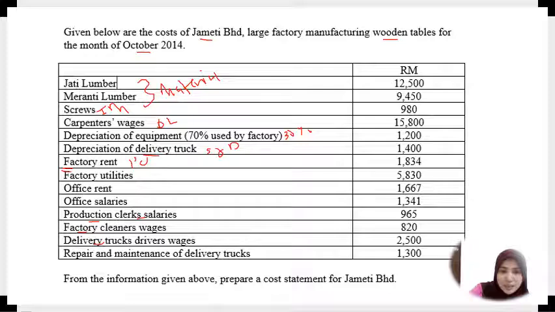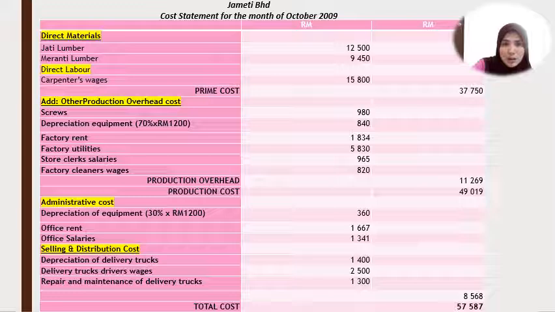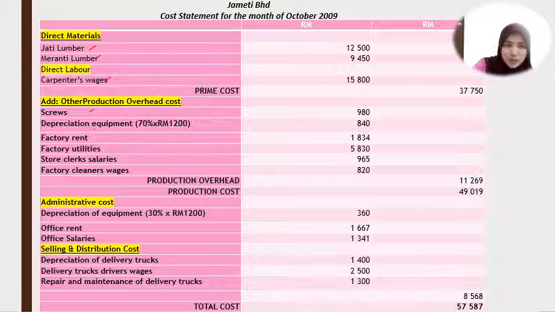So from the given information above, prepare your cost statement for Geometry. After you identify all the classifications of the cost, you can proceed to the preparation of the cost statement. Jati lumber is direct materials, carpenter is direct labor, screw is production overhead, depreciation 70% is production overhead, and all the factory costs fall under production overhead.